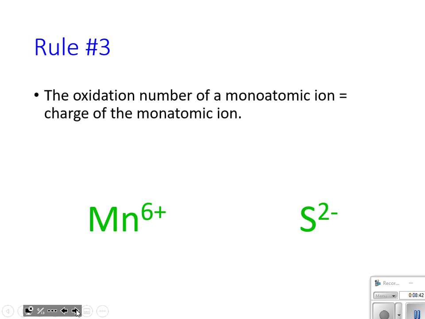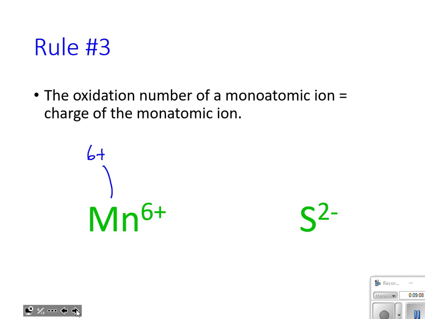Rule number 3 states that the oxidation number of a monoatomic ion is equal to the charge of the monoatomic ion. This is really easy because I see manganese right there. It gives me a charge, so I know that that manganese is going to be 6+.